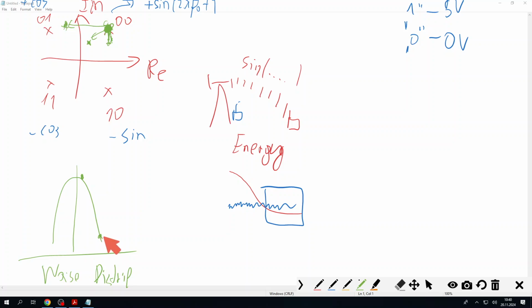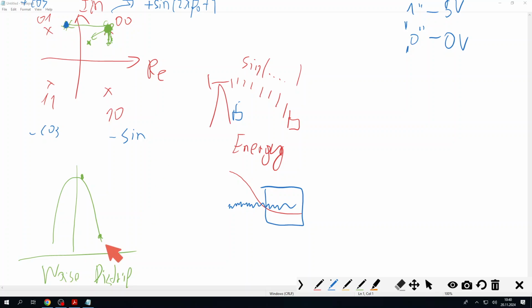Nevertheless, the algorithm that we use to detect this signal works in a very simple and obvious manner. Let's say you have received this point, and now you try to decide what you have actually received: 2 binary digits, 0 0, 0 1, 1 1, or 1 0.